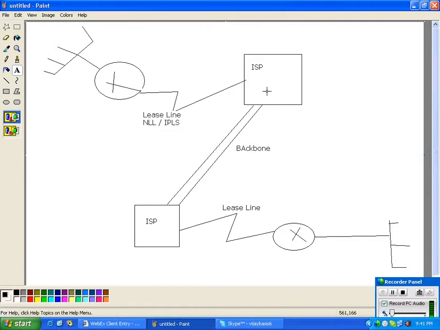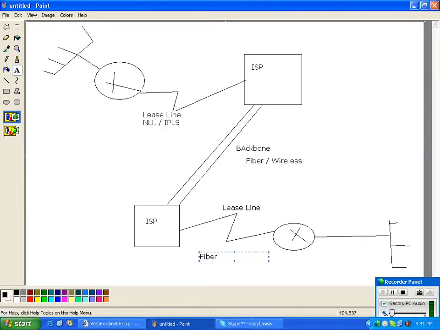So similar to this, from here ISP office to ISP office, and the line from one ISP office to another ISP office, the communication line is called backbone communication. So it can be fiber or wireless. Fiber, wireless communication.